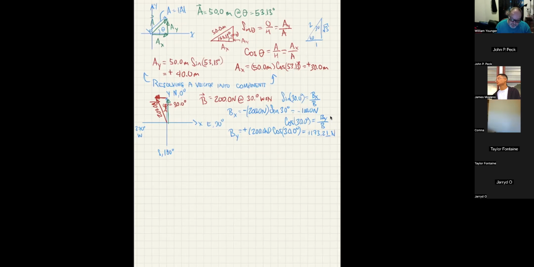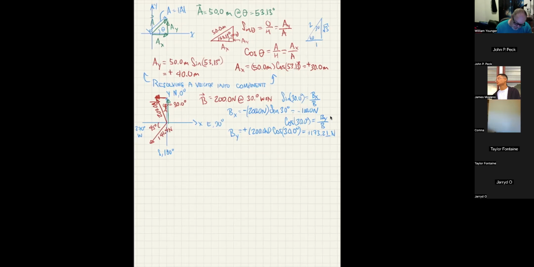If I had another vector, let's say this guy, and let's say it's 141.4 newtons, and this angle right here is 45 degrees, then I could proceed as follows.